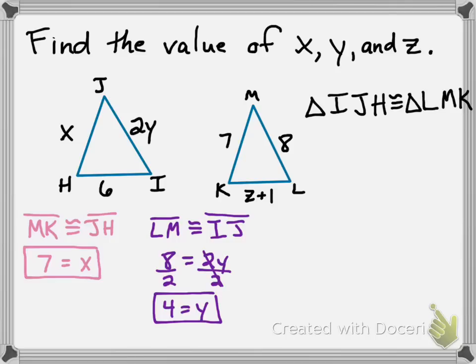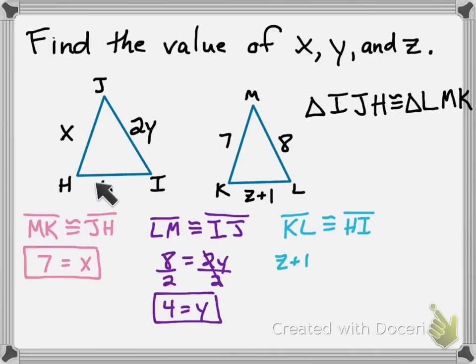Alright, and then the last side, the two bottom sides down here, so I'm going to be looking at KL is congruent to HI, because that's third first and third first. So KL is Z plus 1.